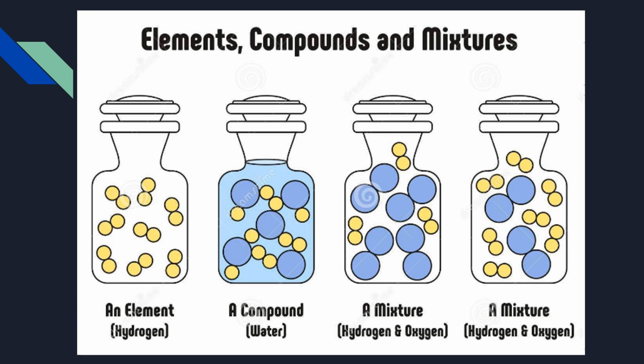A mixture is hydrogen and oxygen, so we can see that they're together in the bottle, but they're not bonded. And then we have another example of a mixture with hydrogen and oxygen. More hydrogen this time than oxygen, and still they're separated, not combined together to form a compound, which is why they're a mixture.